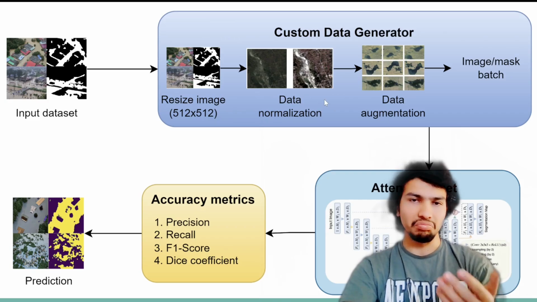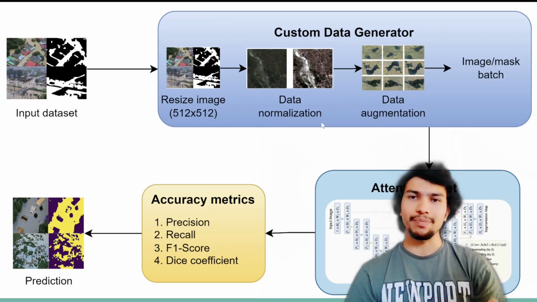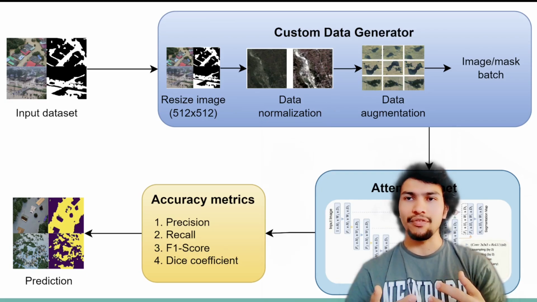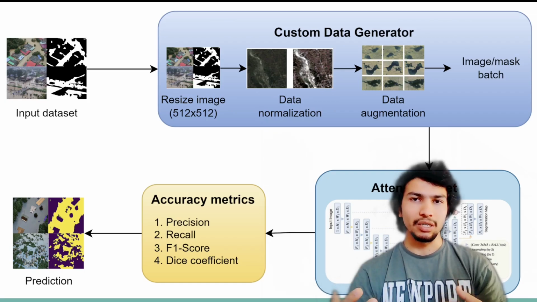And also during that generation I can normalize or standardize my dataset and do the data augmentation on the fly. Then my function should return the image and mask batch so that I can easily fit it into the model and do the prediction.